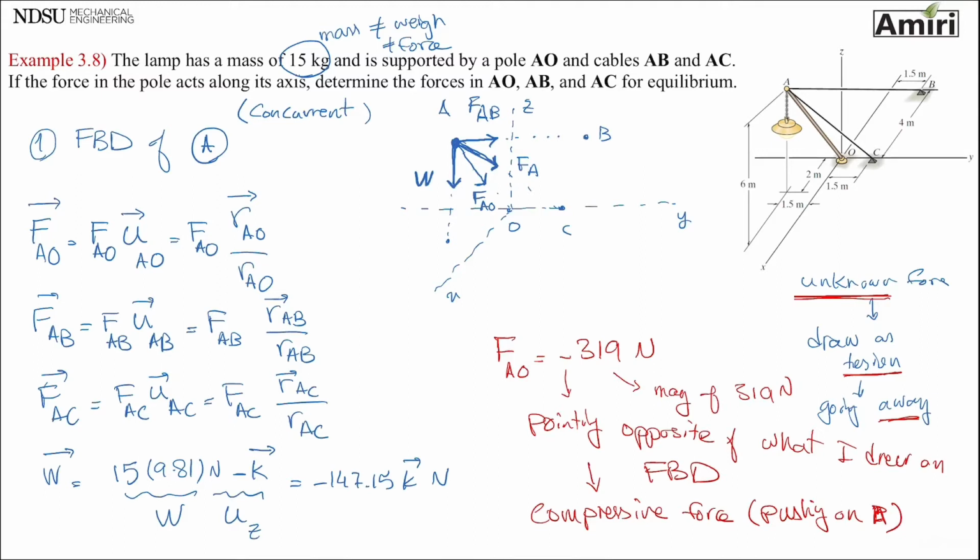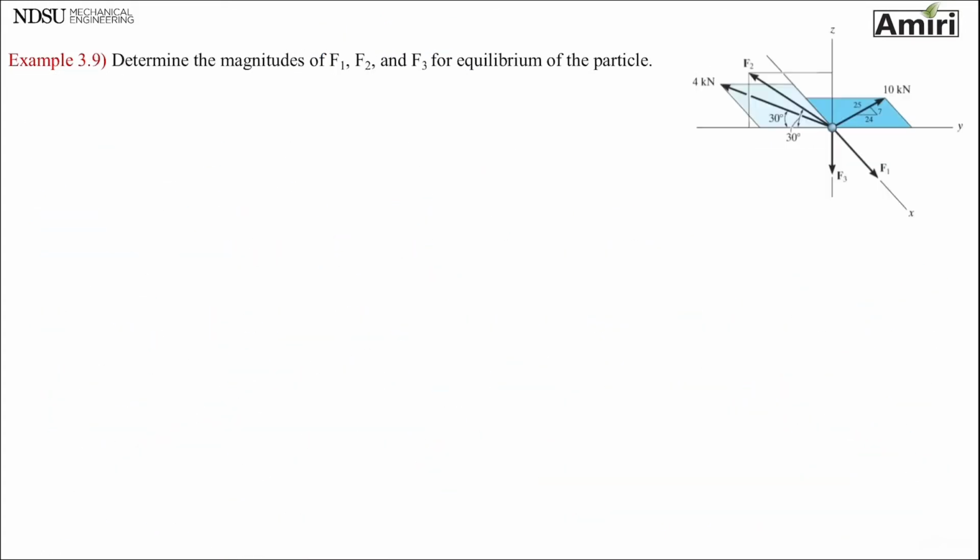If you see AB and AC are cables, so they are in tension, which turns out to be correct. But AO is a rod, and that rod or the metal pole or the wood pole is able to support compression. So we should be good there, and there is no problem there. Okay, let's look at a problem which is simple.